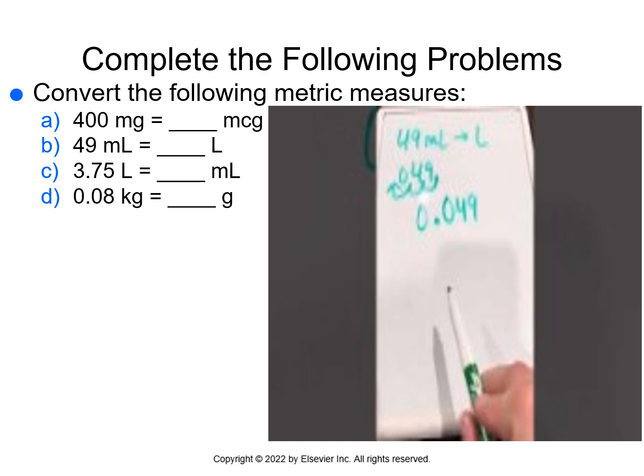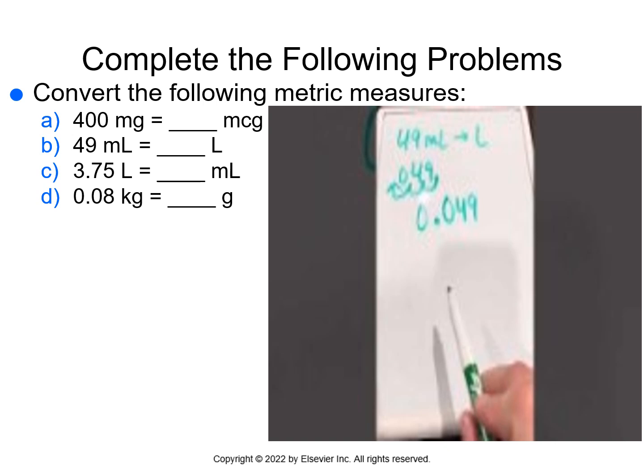And then I'm going to go kilograms to grams here, so 0.08 kilograms to grams. I already have my decimal point there, I don't have to add it. And here I'm going from kilo to my base of grams.